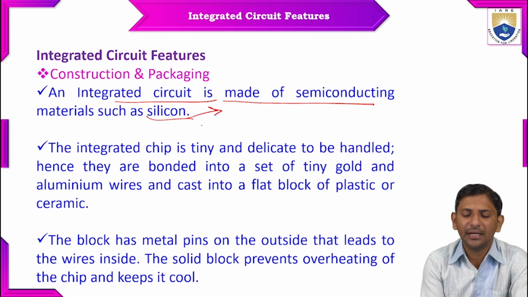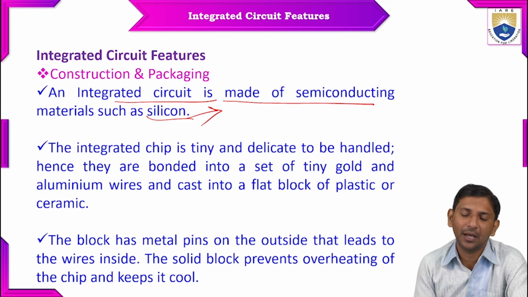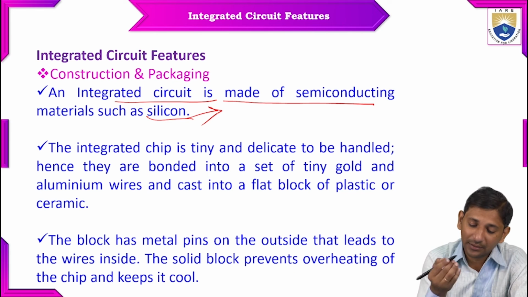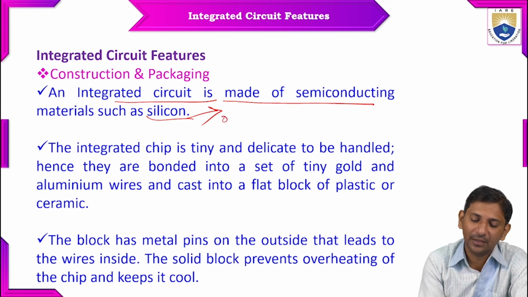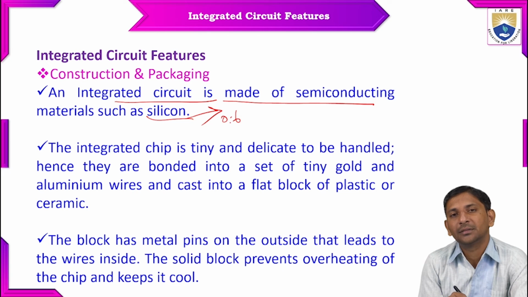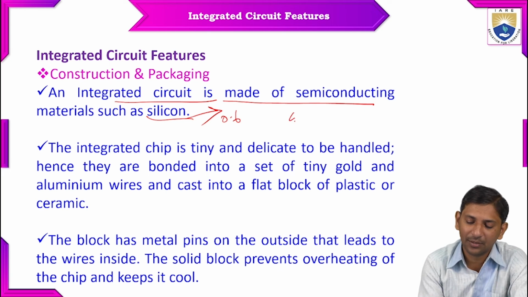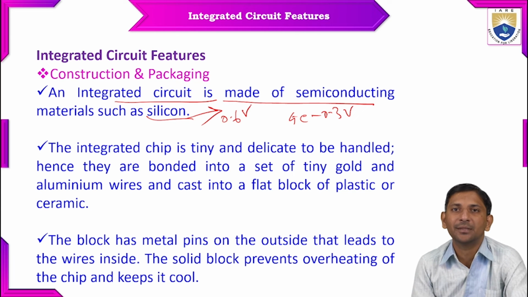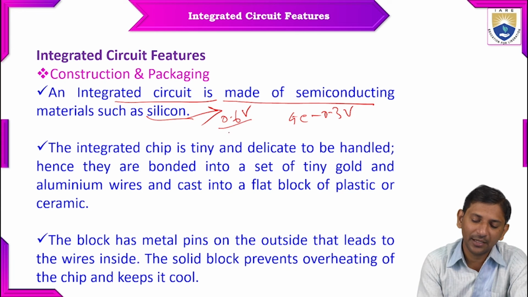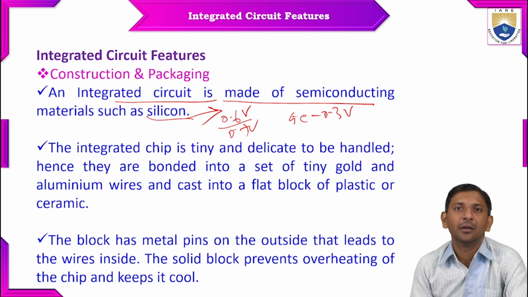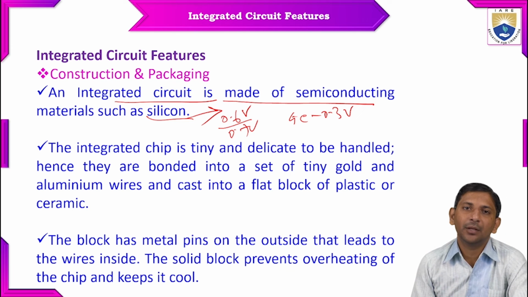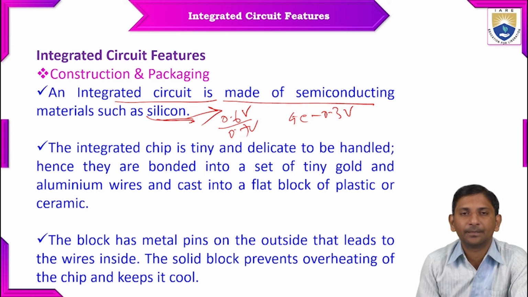And most of the time we will use silicon only, because the cut-in voltage of silicon is more compared to germanium. Germanium has only 0.3 voltage cut-in voltage, but silicon is 0.6 or 0.7 voltage. Theoretically, it is 0.7 voltage. So regularly we will use silicon.